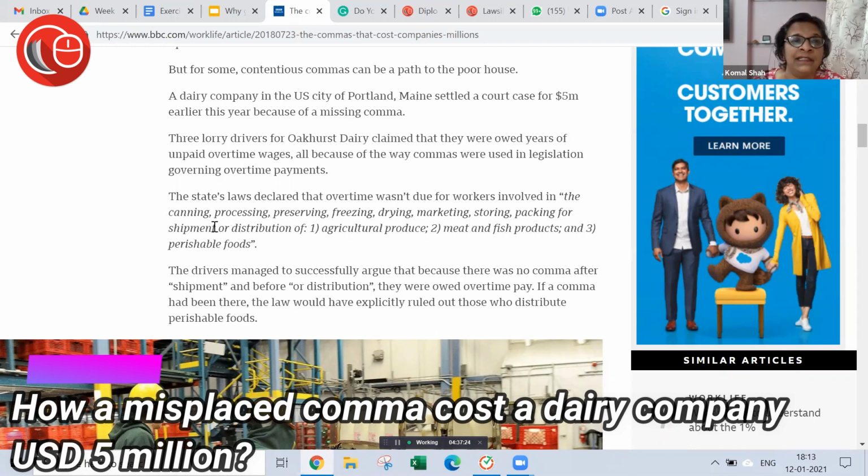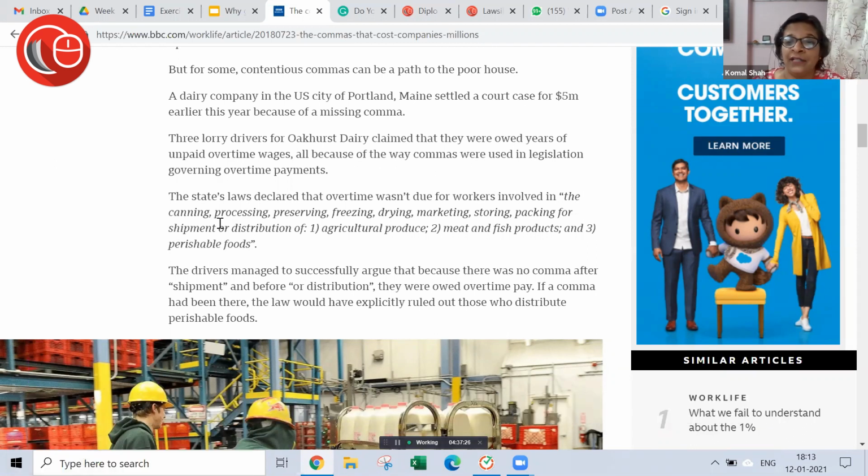So you can see that a missing comma actually cost that company US $5 million. This is a law where the comma is missing, but with contracts particularly, you will find that opposite parties use that.